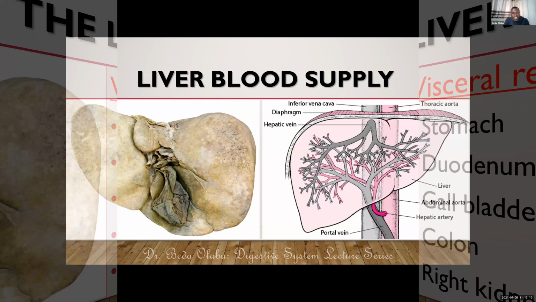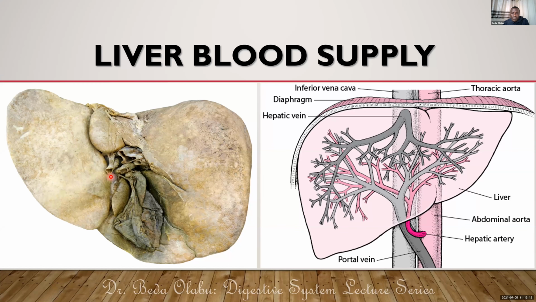On that note, let's describe the blood supply to the liver. The liver receives 2 sources of blood supply. We have the portal vein, which carries deoxygenated blood from the intestines, as well as deoxygenated blood from the spleen.